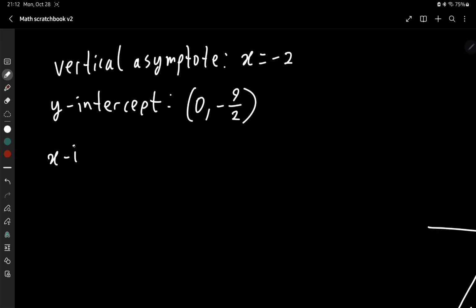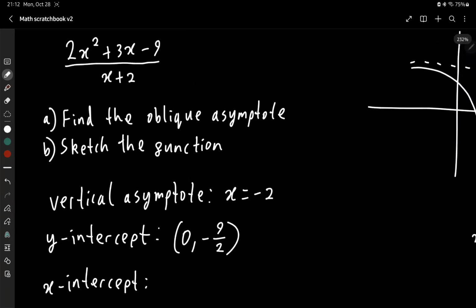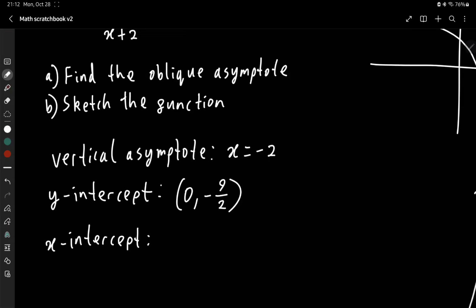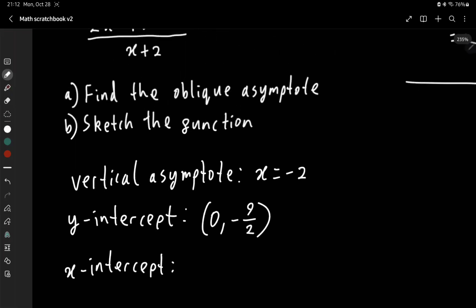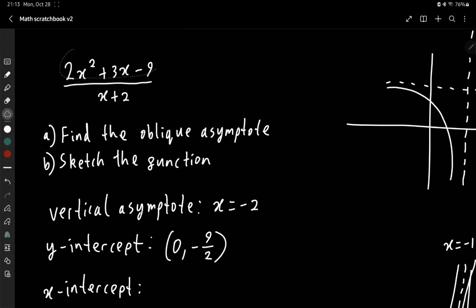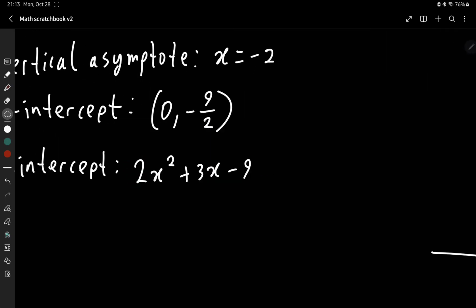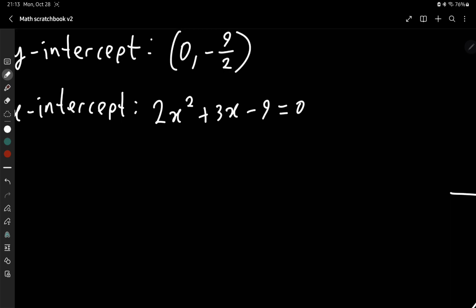The x-intercept. I won't explain why this is, I'll explain in a different video, but the x-intercept is when you set this top quadratic to 0. So again, it's where you find those solutions. If we set this quadratic equal to 0, we can factorize and get (2x minus 3)(x plus 3).